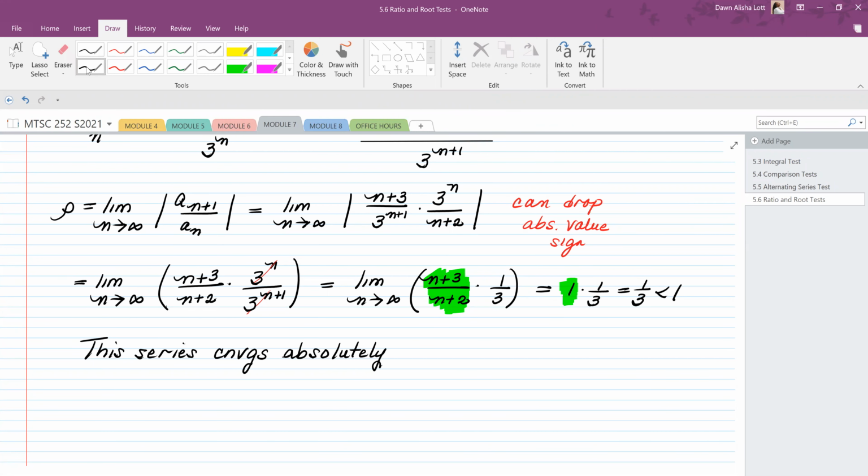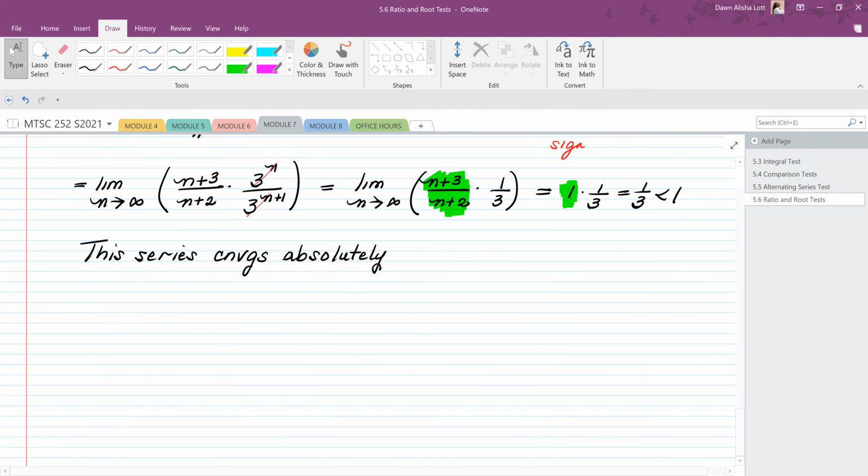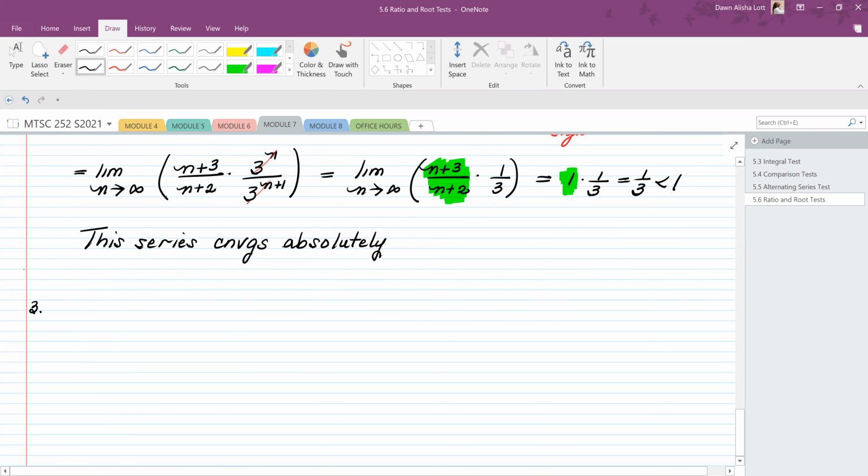Okay. Number 3, the limit as n approaches infinity of the log of n over n factorial.